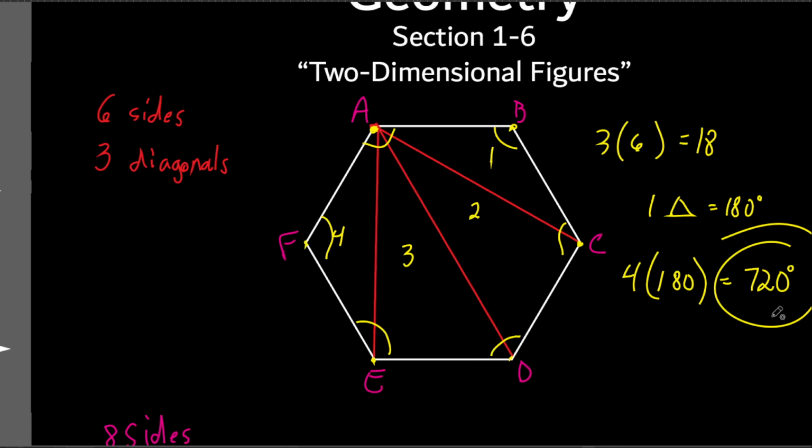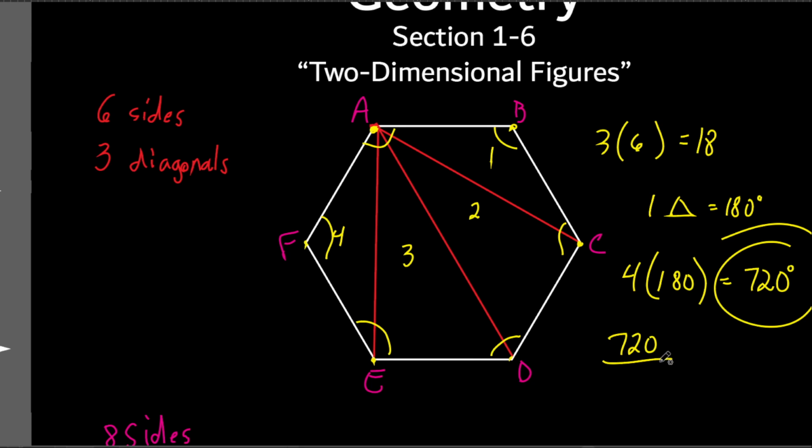Now let's think. If all the angles add up to be 720, and all the angles, A, B, C, D, E, F, are all exactly the same, could I find how much each of these angles is? How do I do it? Divide it by 6. Very good. So I take 720, that's what they all add up to. There's 6 angles here, right?